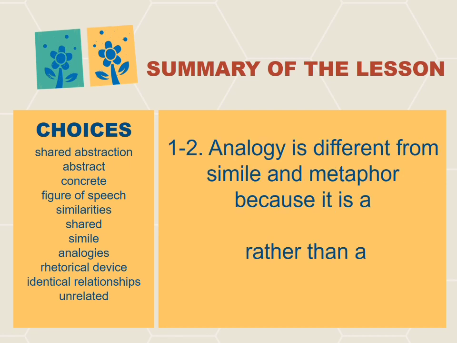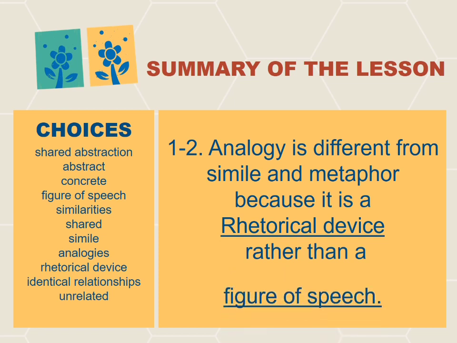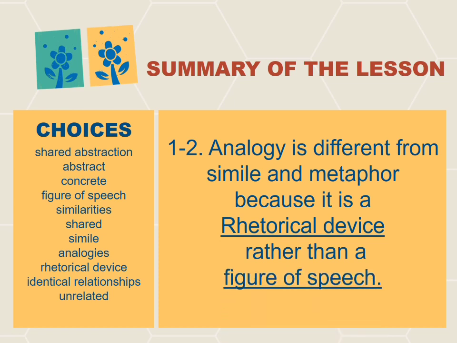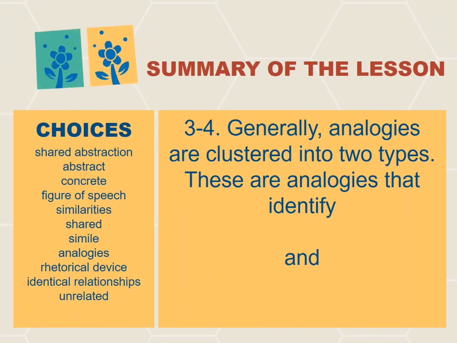Let us see if you have completed the statements correctly. Numbers 1 and 2. Analogy is different from simile and metaphor because it is a rhetorical device rather than a figure of speech. 3 to 4. Generally, analogies are clustered into 2 types.